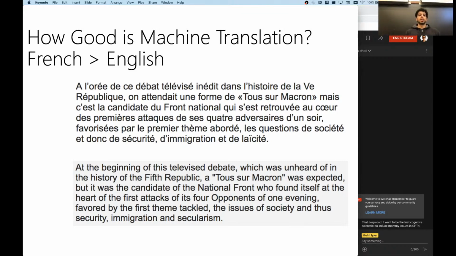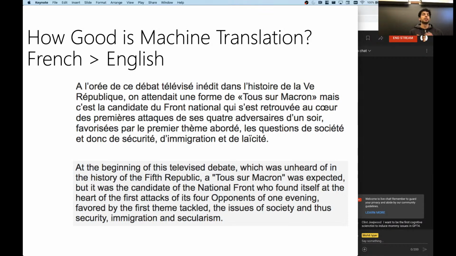So we have, for example, millions and millions of parallel English-French sentences. And the languages are not as far apart as, for example, Chinese and English or Japanese and English, which use completely different scripts and have different linguistic properties, right?